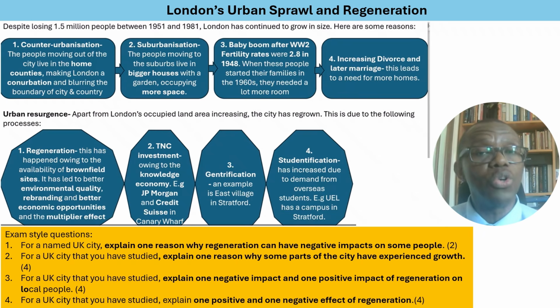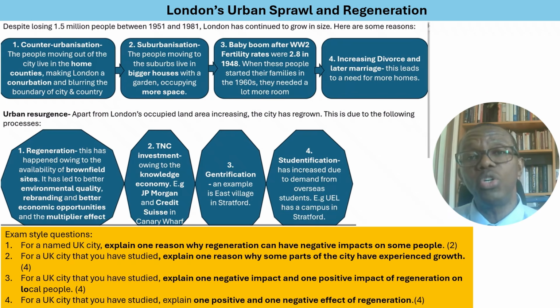Now, we do know also that students require accommodation, and with an increase in the demand for accommodation, these areas are going to resurge, because there will be a lot more regeneration taking place so as to provide this housing.